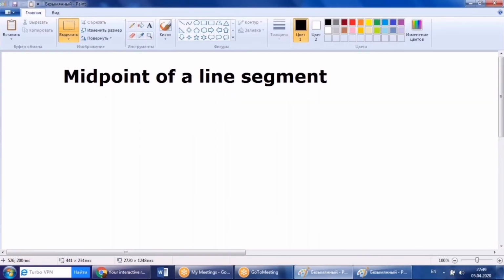Now we will talk about the midpoint of a line segment. If point M is halfway between points A and B, then M is the midpoint of AB.